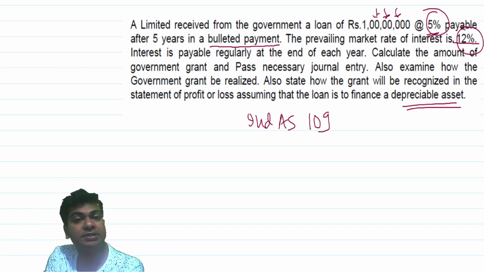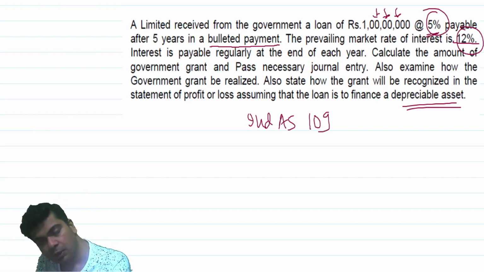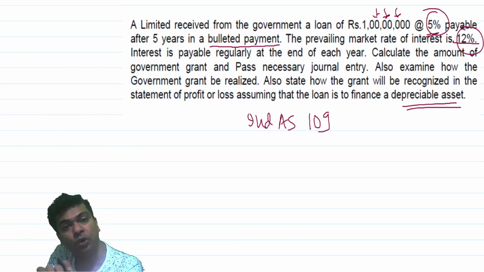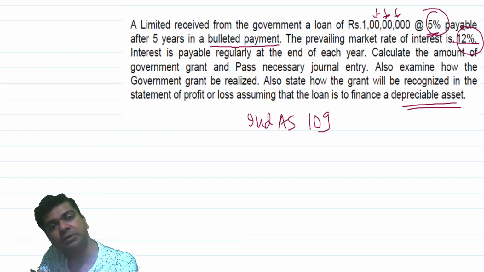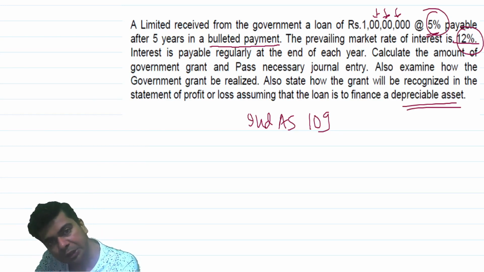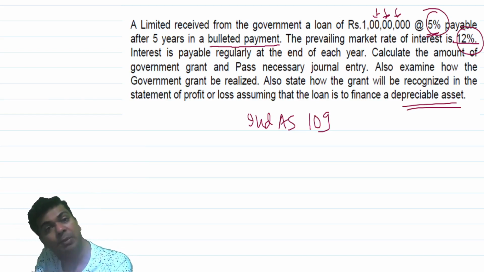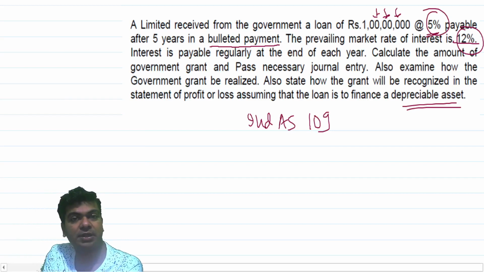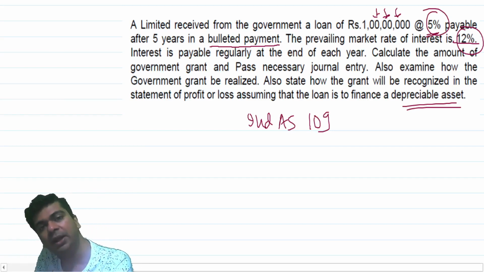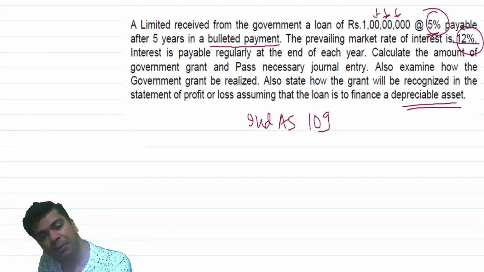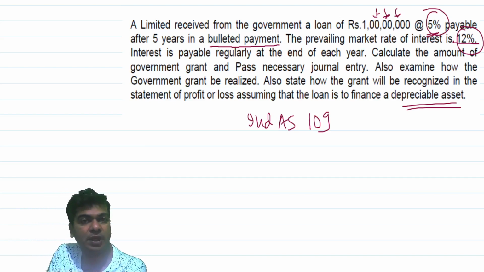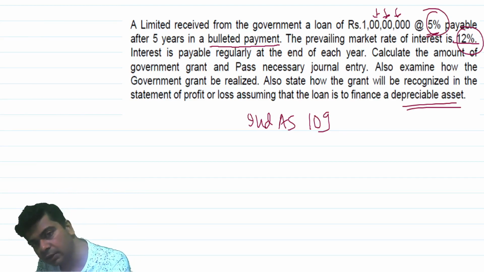Ind AS 109 is dealing with financial instruments. Because you are supposed to repay the loan, it is giving rise to a contractual obligation of delivering cash. Contractual obligation of delivering cash is nothing but a financial liability. And this financial liability has to be recognized as per the requirements of Ind AS 109.